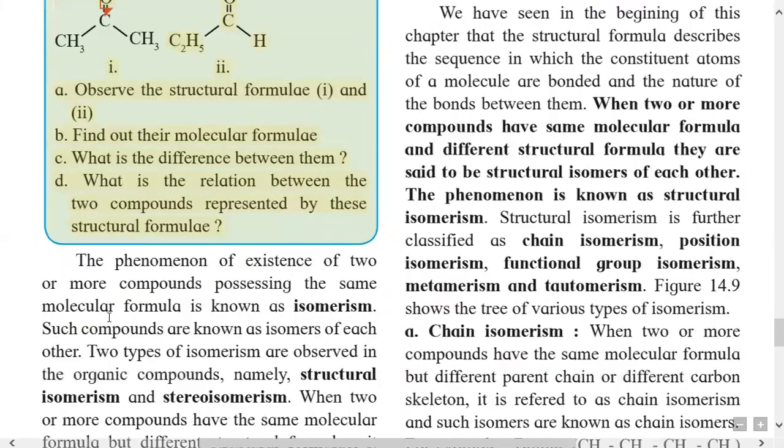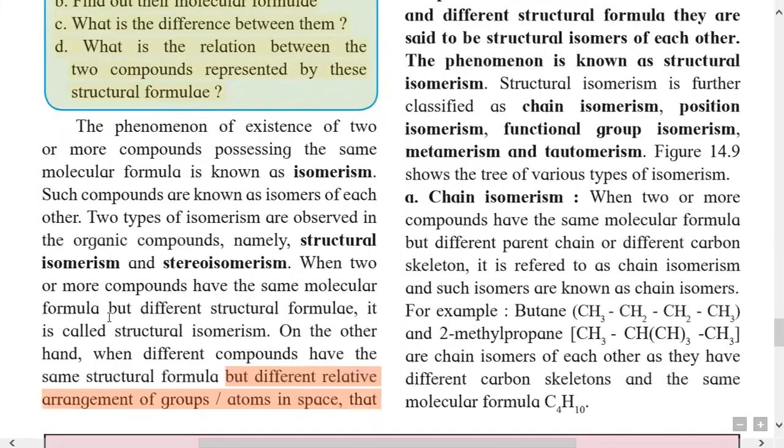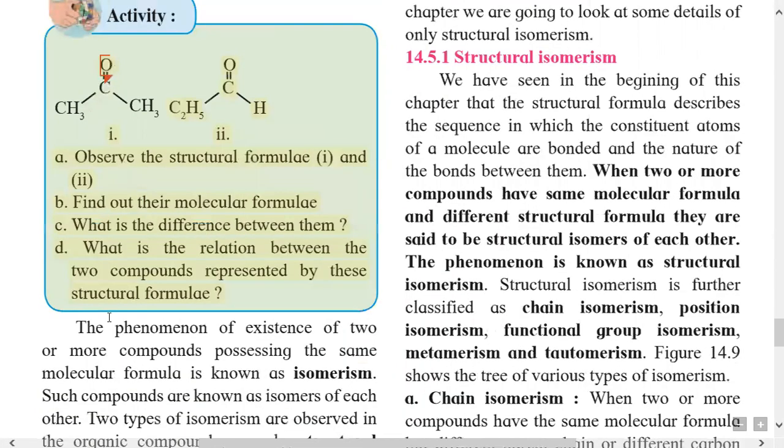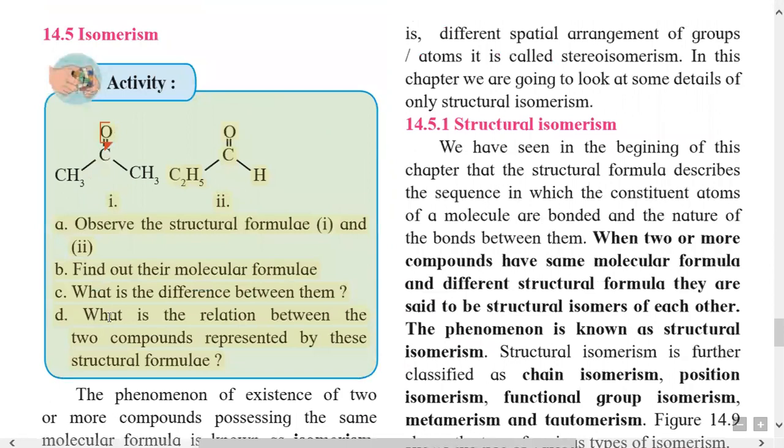So stereoisomerism has a different spatial arrangement of atoms in the group. We will study both types of isomerism in detail. The first type is structural isomerism.